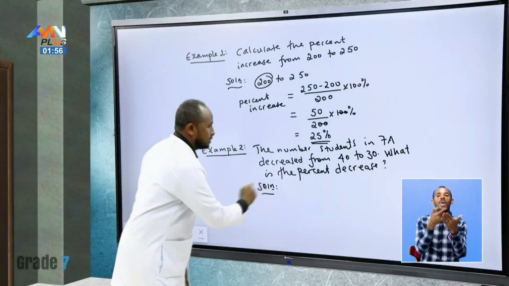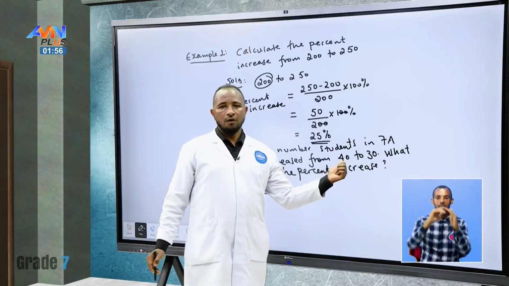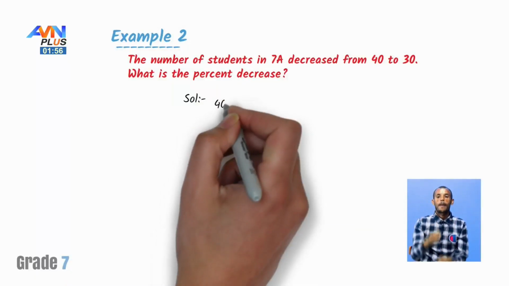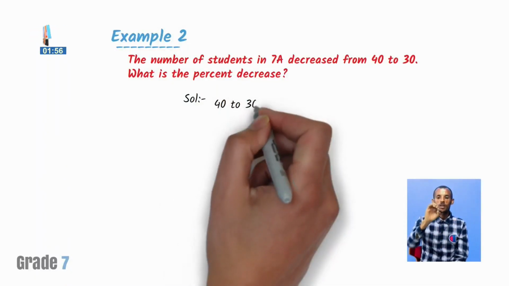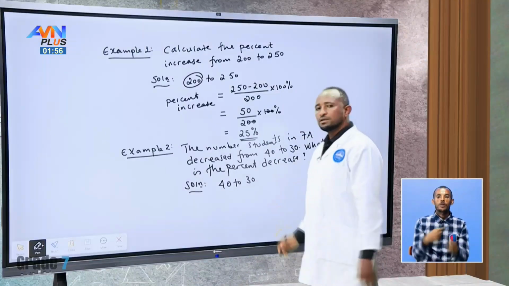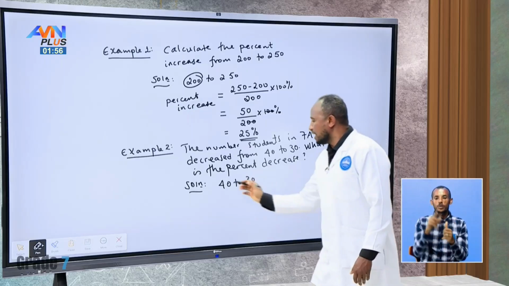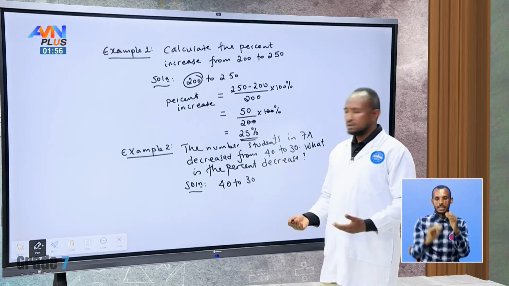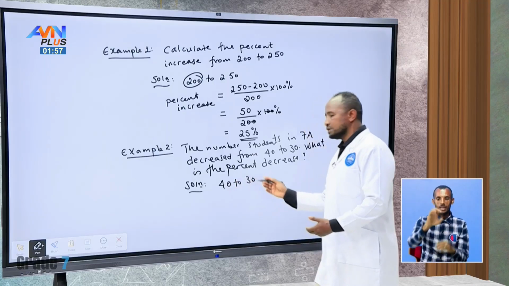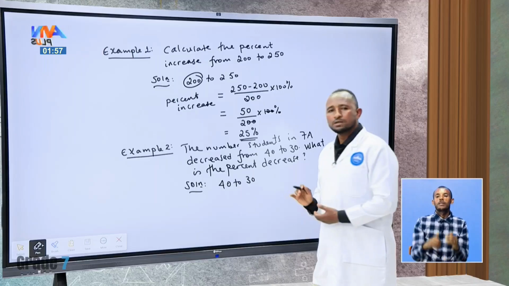Here, we are asked to find the percent decrease from 40 to 30. To calculate the percent decrease, first you have to find the decreased amount. Here, the number 40 is changed to 30. It decreased by 10, found by subtracting 30 from 40.